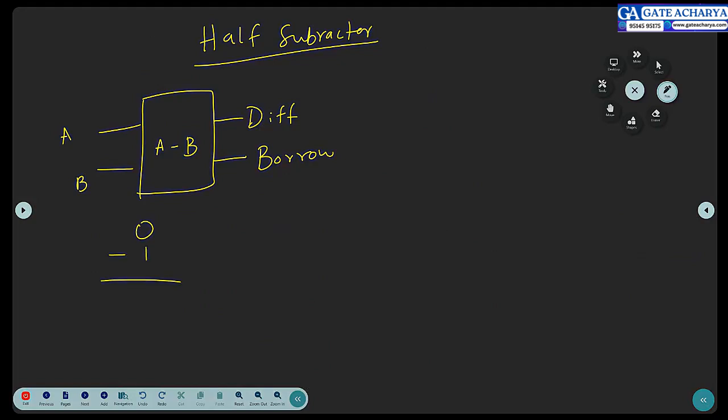What is 0 minus 1? Minus 1. If you express minus 1 in 3-bit, how does it look like? Table 3 complements. 3-bit table.